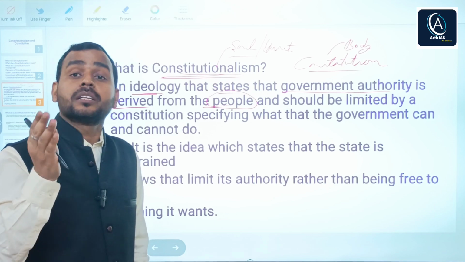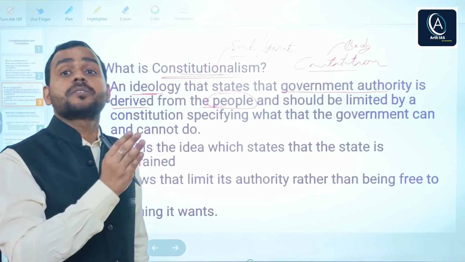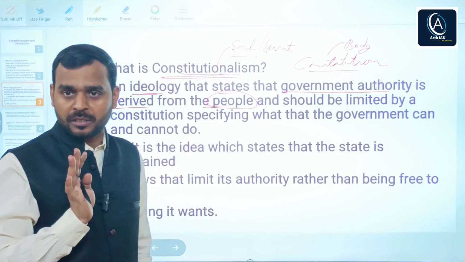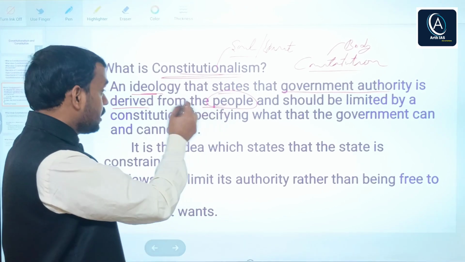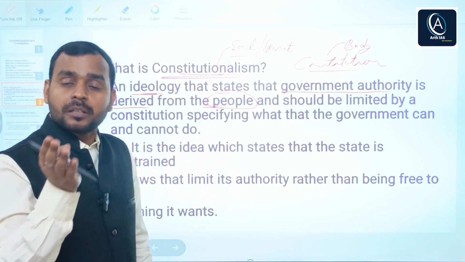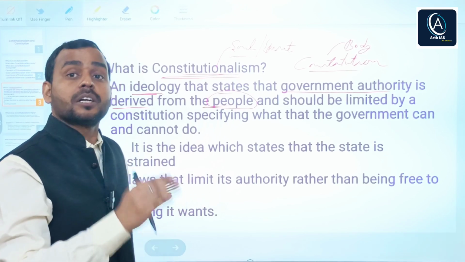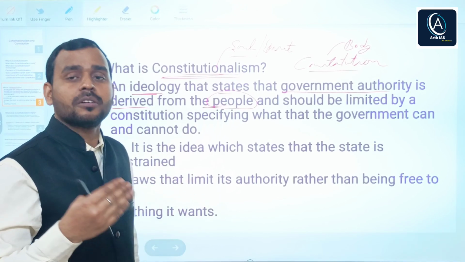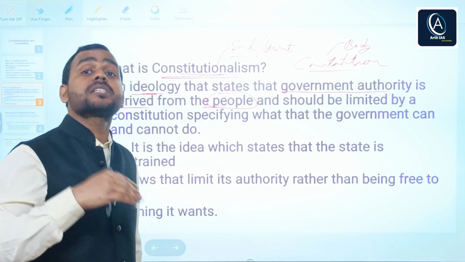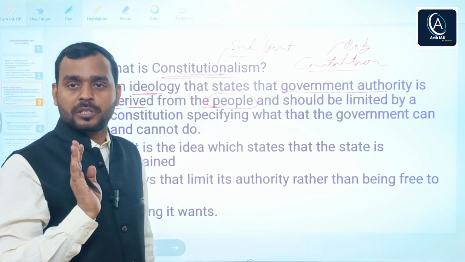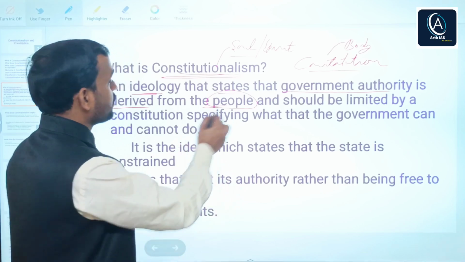It simply means the constitution derives its power from the people. People have the final authority. Even when a government is there, it derives its authority, or power, from the constitution. But where does the constitution get its power or authority? It is from the people.